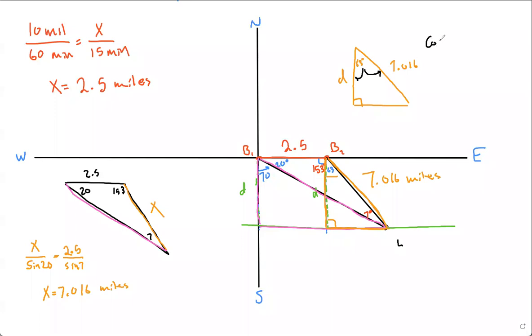So that means the cosine of 63 should be equal to the adjacent D over the hypotenuse, 7.016. We would solve by multiplying the 7.016 over to the other side. So if I do that times the cosine of 63, I end up with 3.19 miles, which is the answer to the question because we want to know how far away from the shoreline the boat is.